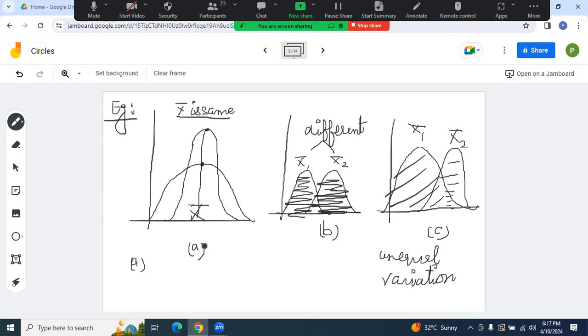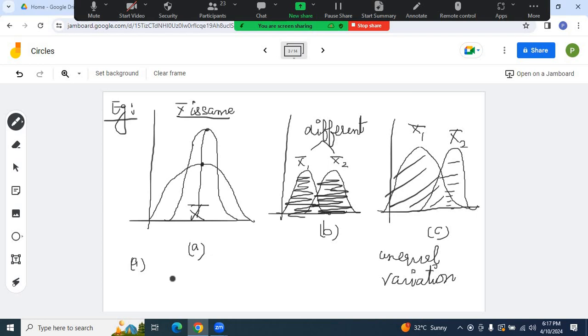And that is why we study dispersion. It gives more reliability to an average. We know how to calculate an average, but if we calculate measures of dispersion, then it is more reliable. We also need to have control over the variation.